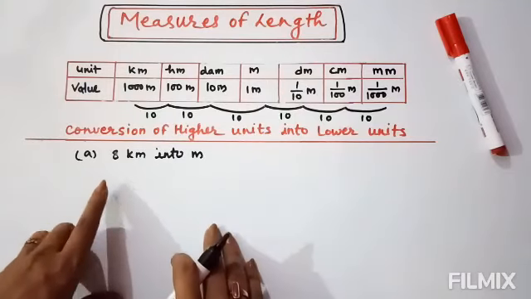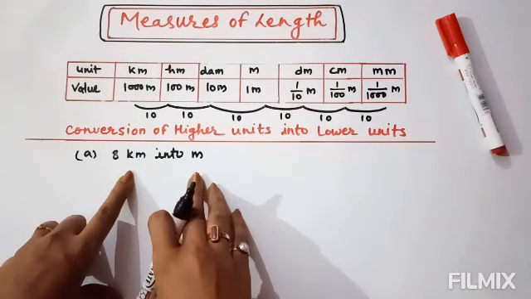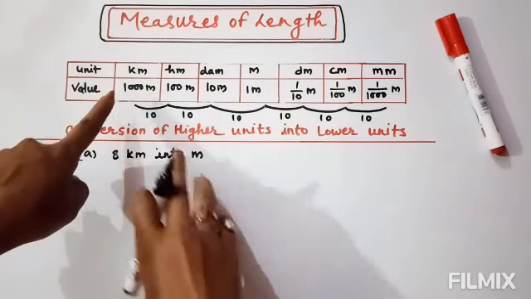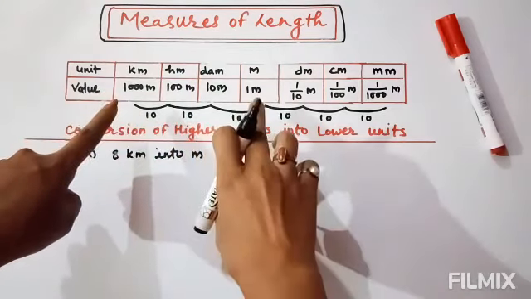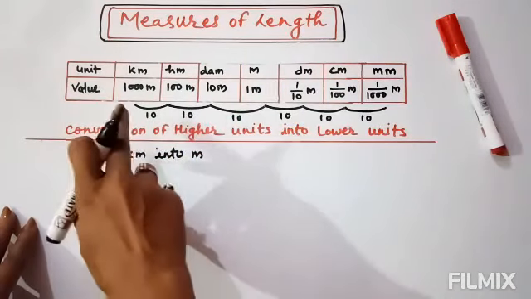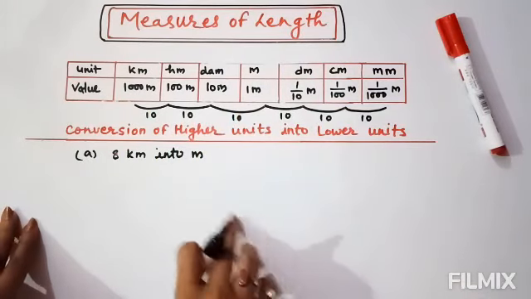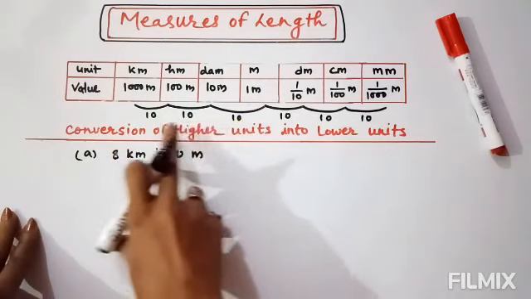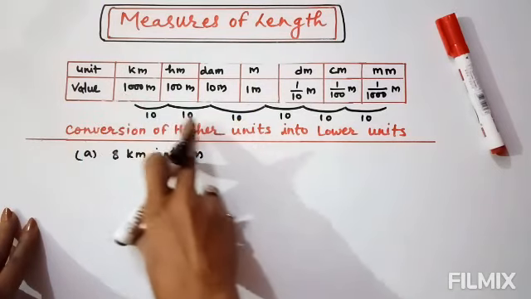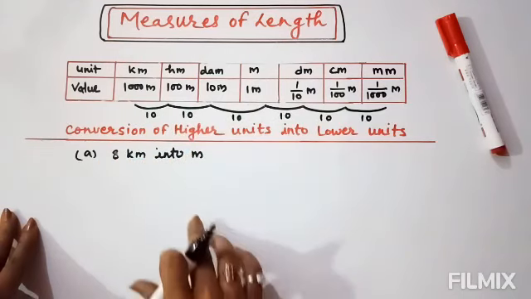So take the first question: 8 kilometer into meter. First of all, we have to understand that kilometer is a higher unit and we are going to convert into the lower unit. 1 kilometer is equal to how many meters? We can see that 3 tens come in between kilometer and meter. It means 10 tens are 100 and 100 tens are 1000.